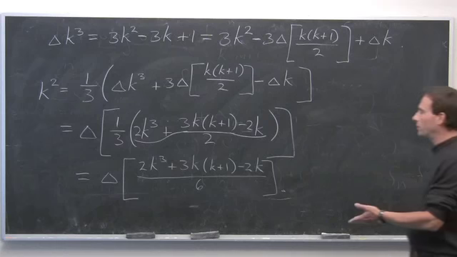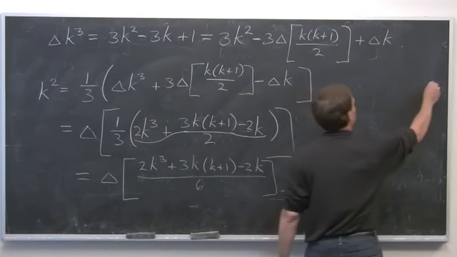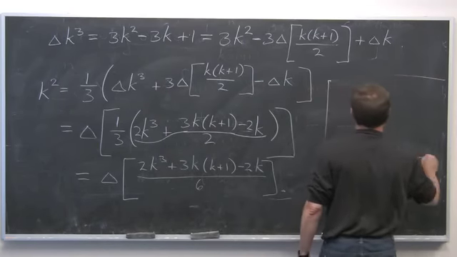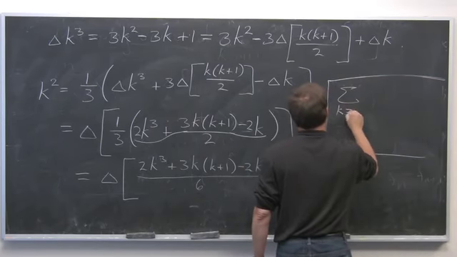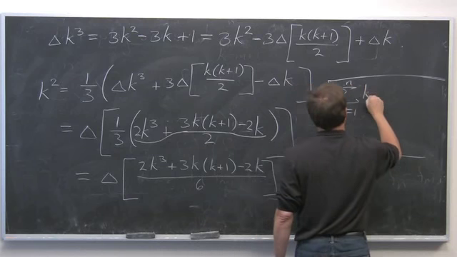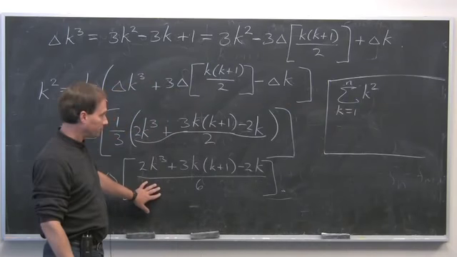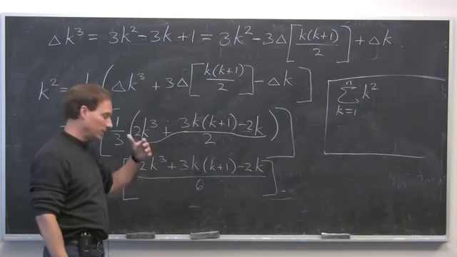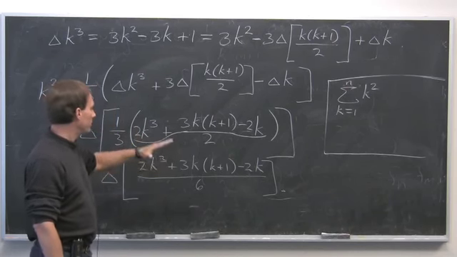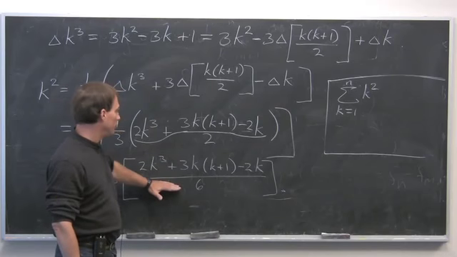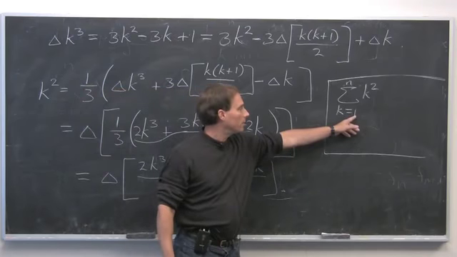This tells you the sum of k squared. For the same reason, this will give you a formula for the sum of k squared. So the sum as k goes from 1 to n of k squared. You replace the k squared by delta of this. And what does this equal? It's really not that important that you memorize it. But what do you get? You get this expression with n in place of k minus what you get when you replace k by 0.